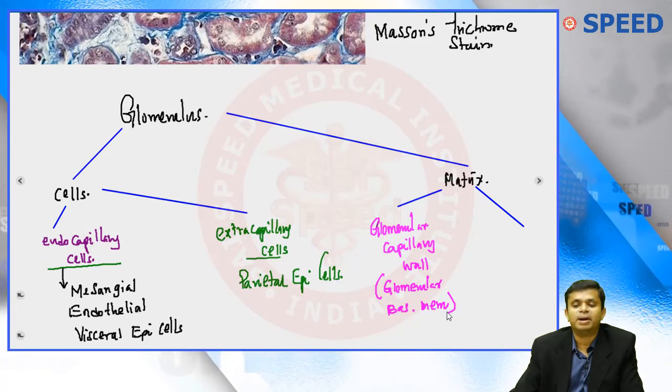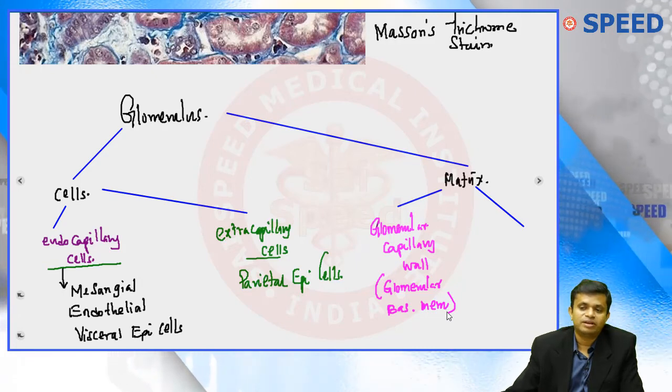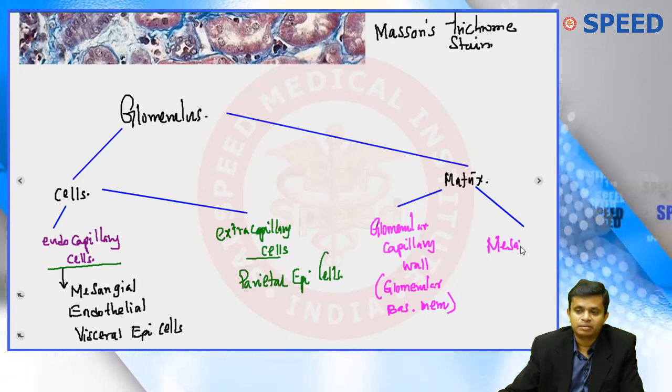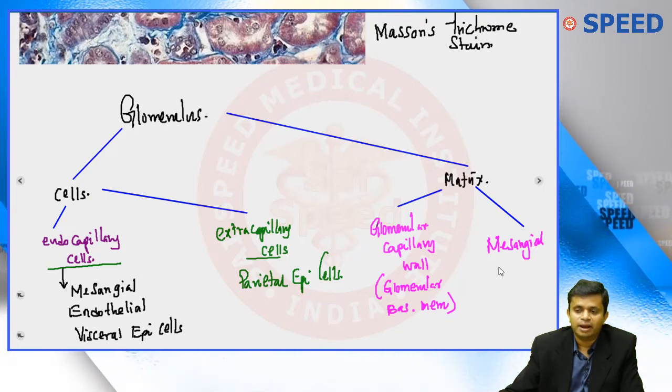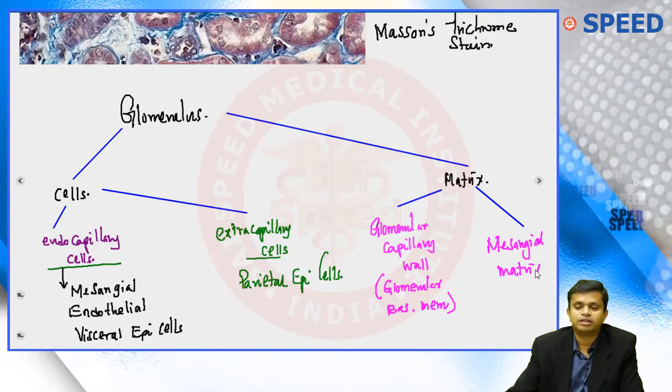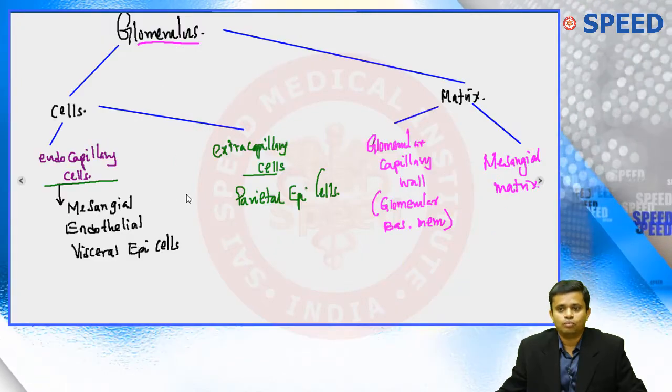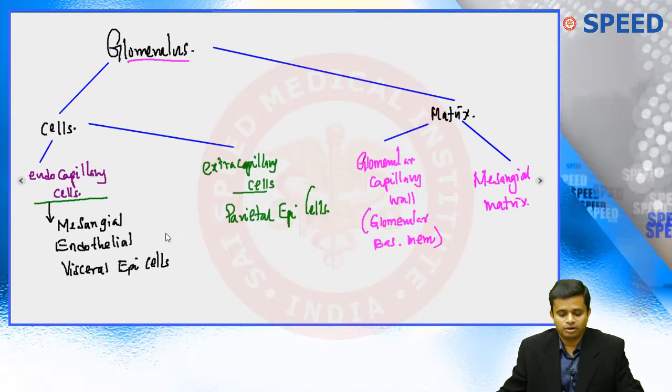That is your matrix. What is the next matrix we have? Mesangial matrix. So, I think we have now done with the whole story of the glomerulus. Clues on what are the cells and matrix in the glomerulus.